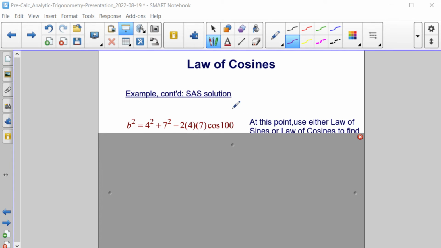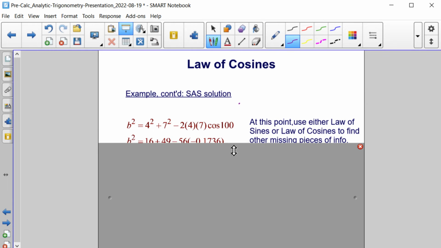And now let's continue to solve this equation for lowercase b. So let's start by evaluating the exponents and the multiplication that we have here. So we have b squared is equal to 16 plus 49 minus 56. And then if we execute the cosine of 100 in our calculator, making sure that it's in degree mode, we will get negative 1,736 10,000ths.